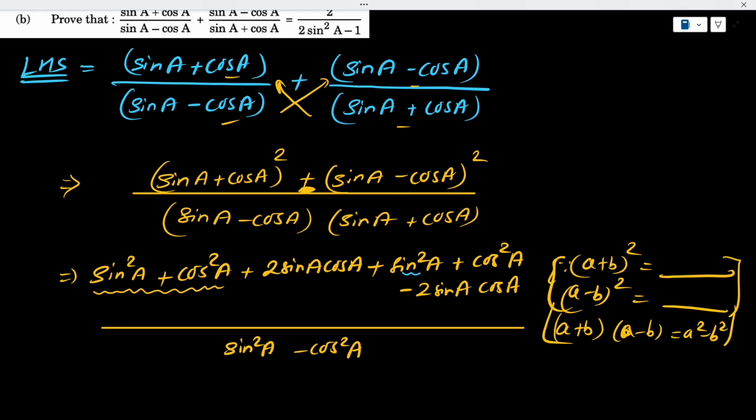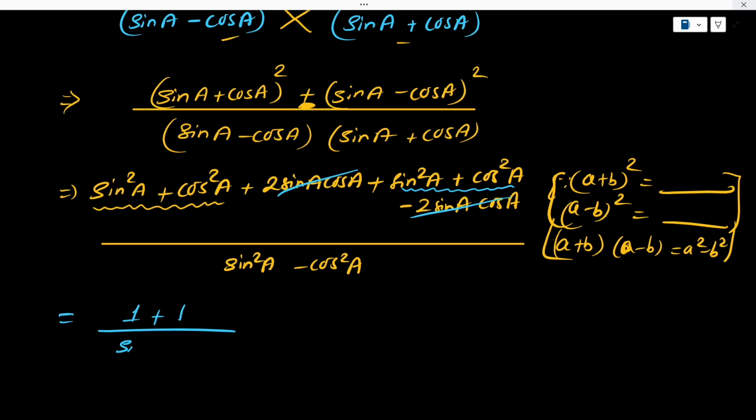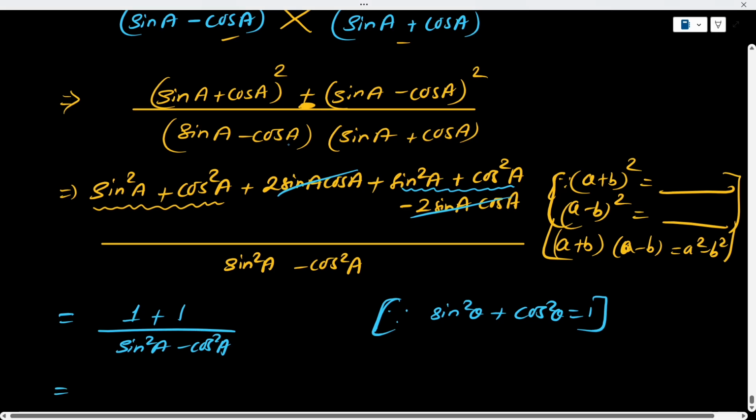Then here also sine square A plus cos square A is 1, and plus 2 sine A cos A minus 2 sine A cos A will get cancelled. And here you can write 1 plus 1 by sine square A minus cos square A. What happened here? I have used one trigonometric identity, sine square theta plus cos square theta is equal to 1. So what is my value here? 2 by sine square A minus cos square A.